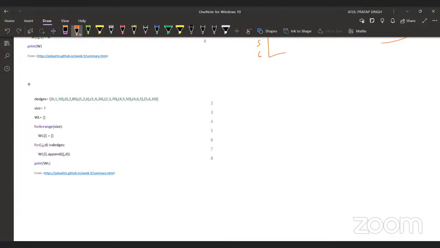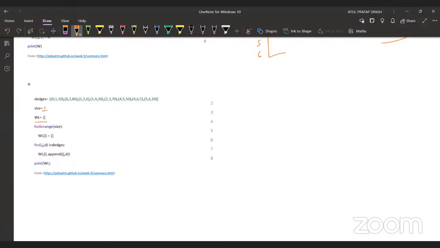So we create one empty dictionary, WL. After that, for I in range size, where size is 7, representing the total number of vertices 0 to 6, for each vertex we will store the information of how many edges are connected.